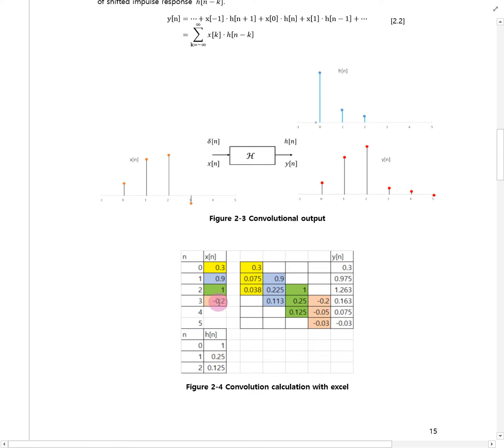And lastly, at index 3, -0.2 is applied, affecting in these patterns. This is just the scaled impulse response spreading out its memory effect. By summing all the contributions, we can get the convolution output like this pattern. So this shows how to calculate the convolution operation.